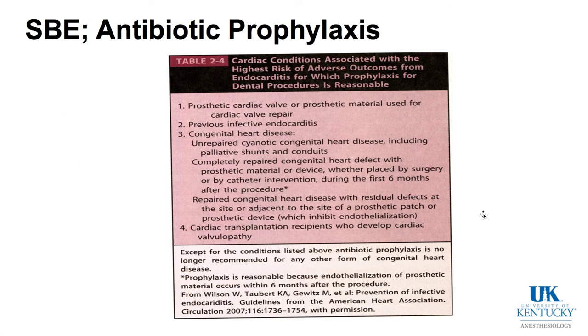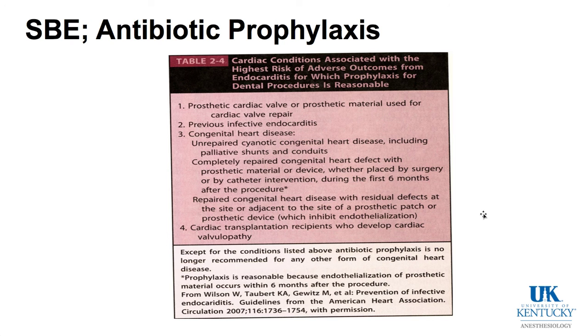SBE antibiotic prophylaxis. Bacterial endocarditis prophylaxis has changed over the years, and currently it's much easier to remember that we need to give prophylaxis to the highest risk patients when you have dirty surgery. The patients at risk are those with prosthetic cardiac valves, those who have had endocarditis before because they obviously have something going on in their heart that's putting them at risk, and those with congenital heart disease, specifically who have foreign material in their heart, like shunts and conduits.